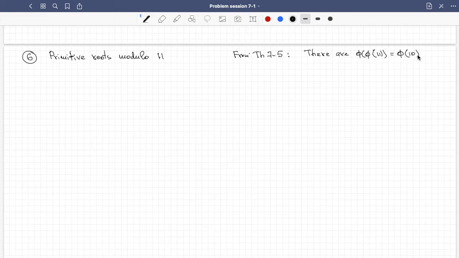Phi of 10 is phi of 2 times phi of 5. We remember that phi is a multiplicative function. Phi of 2 is 1, phi of 5 is 4. So we conclude there are 4 of them. And we want to find them all.